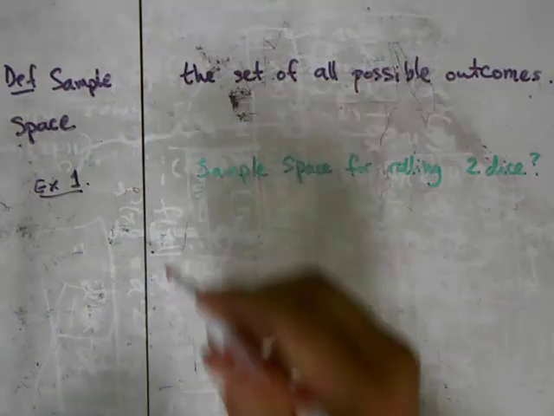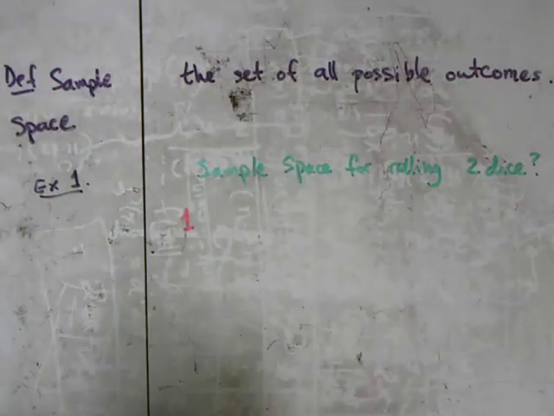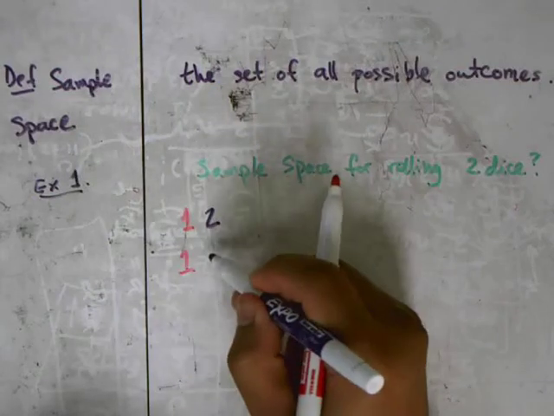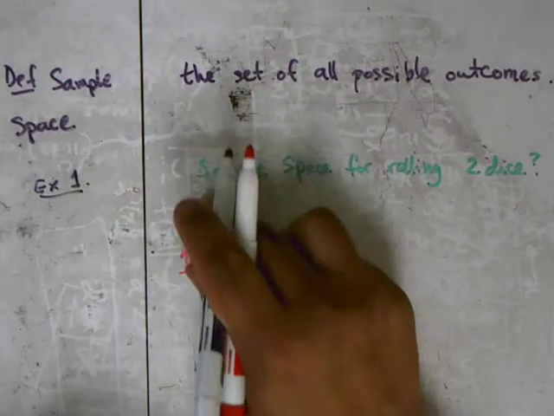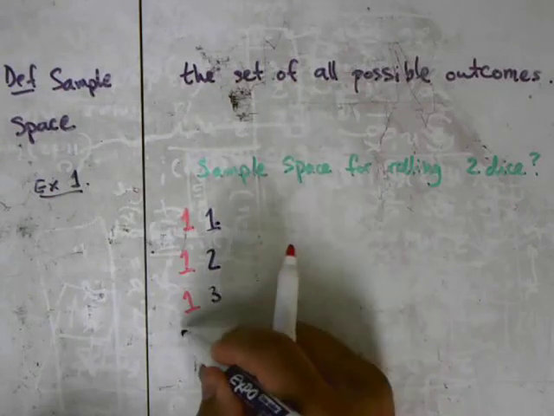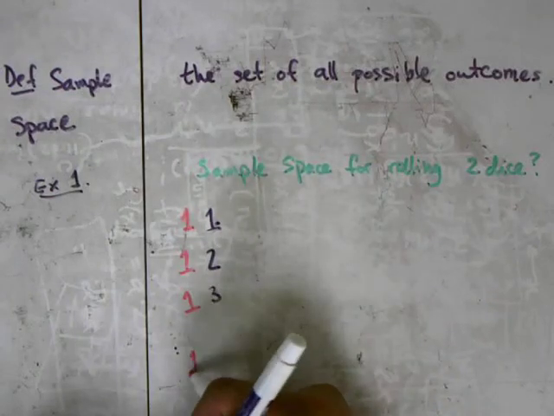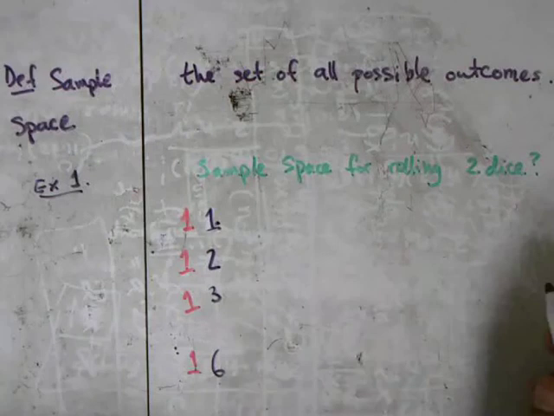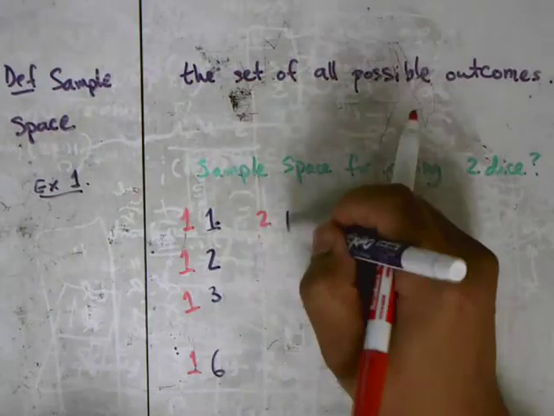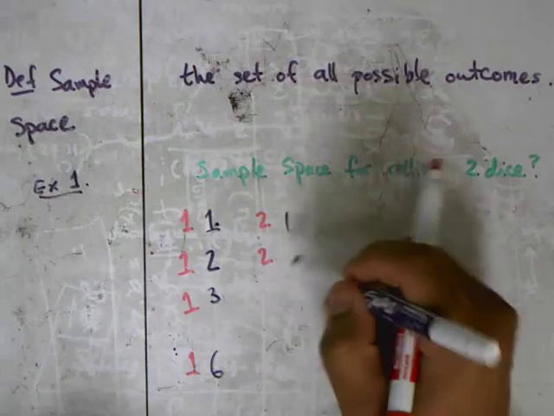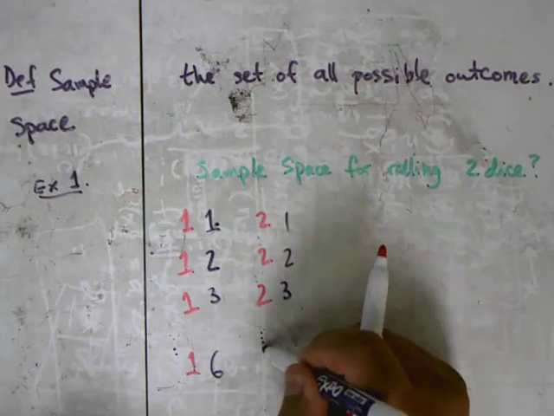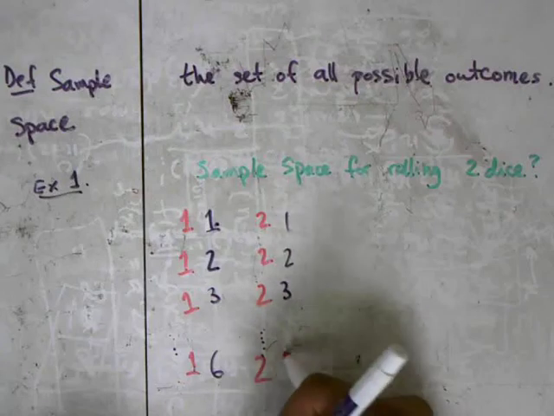Okay. So what we could get is a 1 for the first die, and then a 2 for the second one, and then a 1 for the first, a 1 and a 1, a 1 and a 2, 1 and 3, and so on until you get 1 and a 6. Then you could also get a 2 and a 1, a 2 and a 2, a 2 and a 3, and so on until you get down to 2 and a 6.